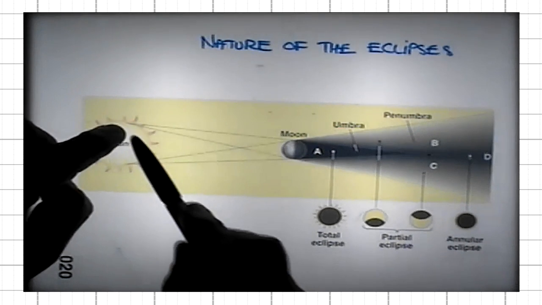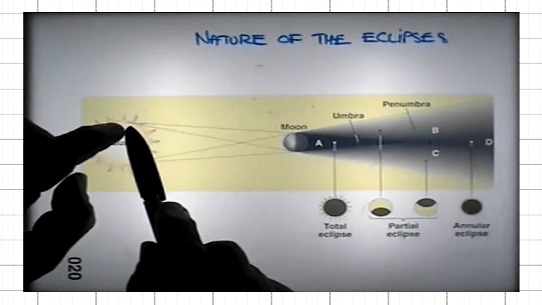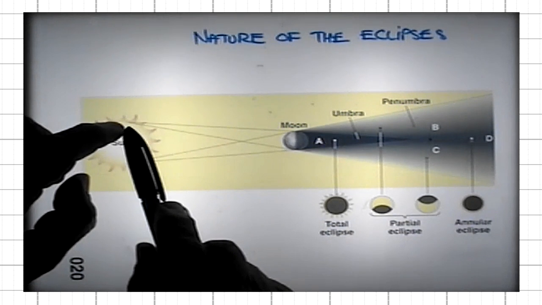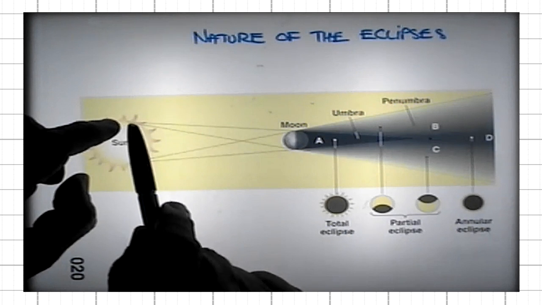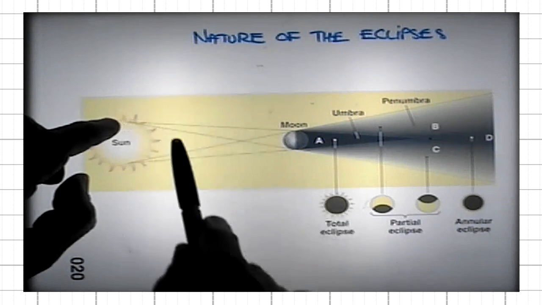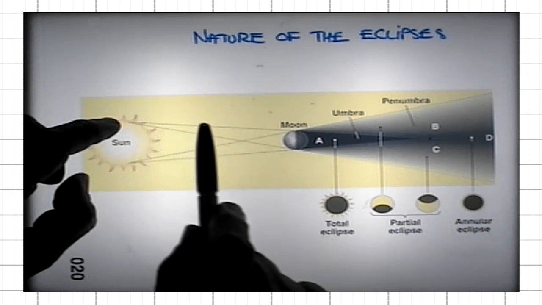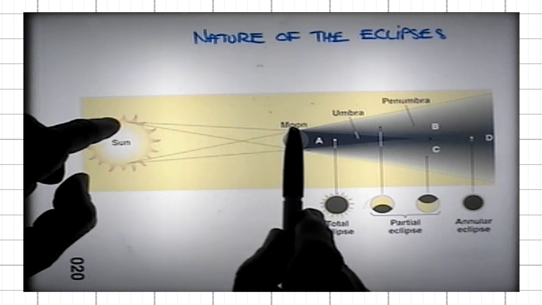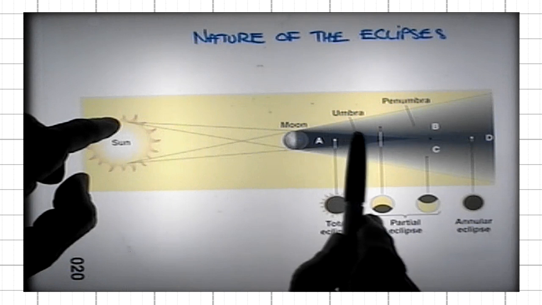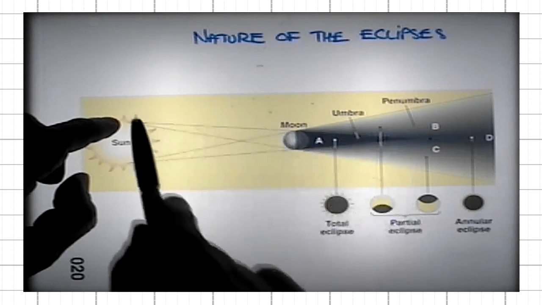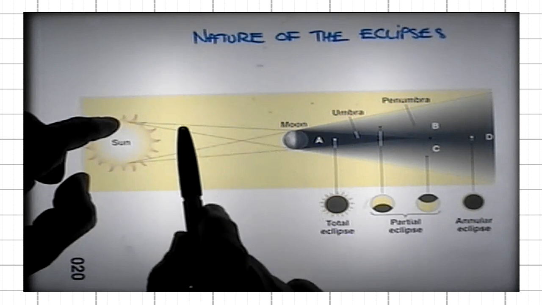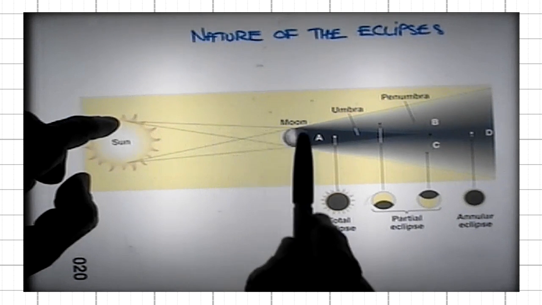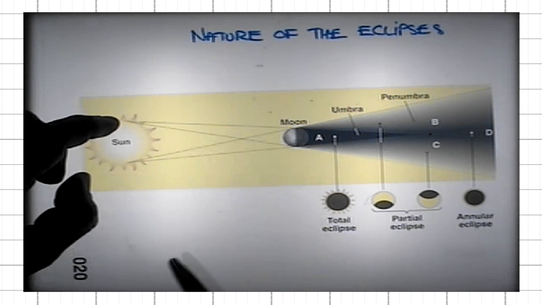In principle, every point on the light source emits the light rays. So this point here will emit light in all possible directions, but this particular ray that just grazes the top of the moon goes this way, and all the other rays between these two are going to be blocked by the moon.